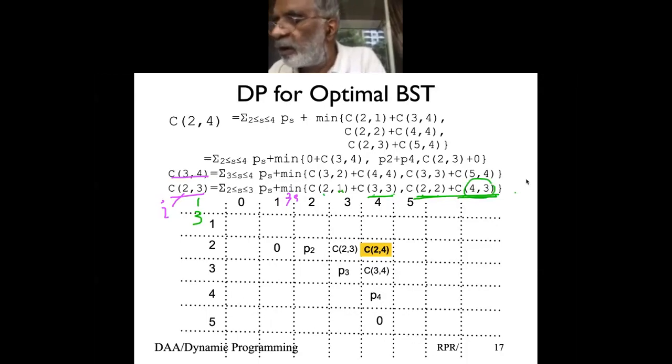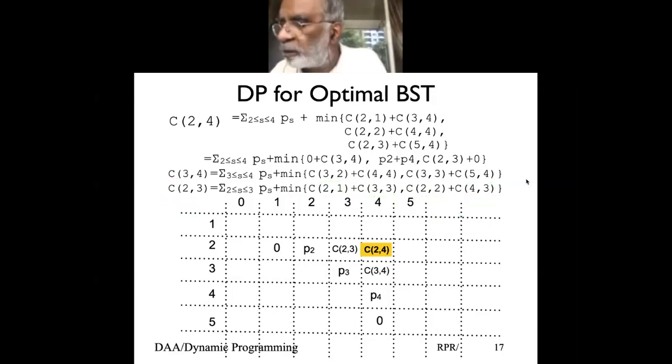Now this is 0 again, and this is P3, this is P2. So we can compute C23 as the min of P3 and P2, and similarly C34, because this is 0, and that's how we can actually find out.